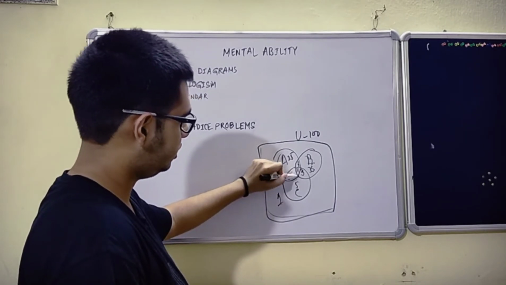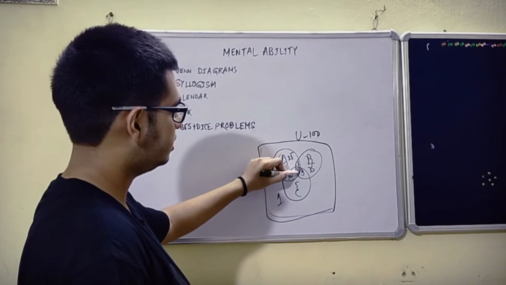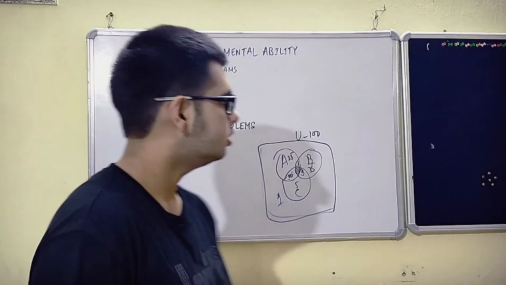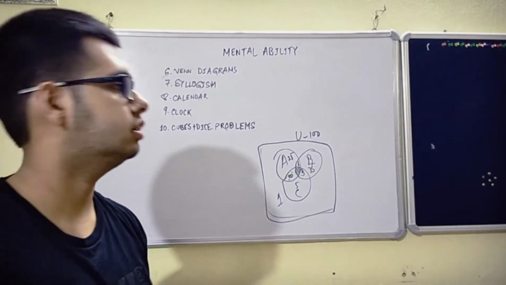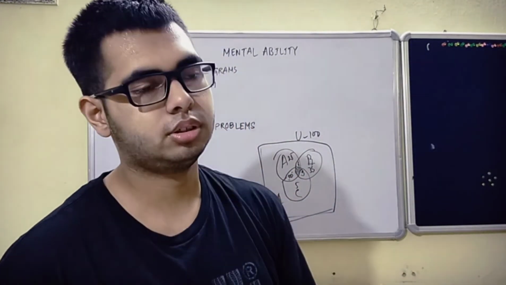Then what will be the number of items in this part which is common to A, B and C? So that can be asked for any part. That is the type of question there.